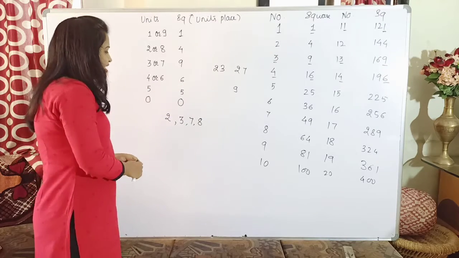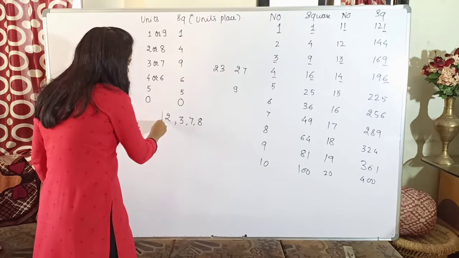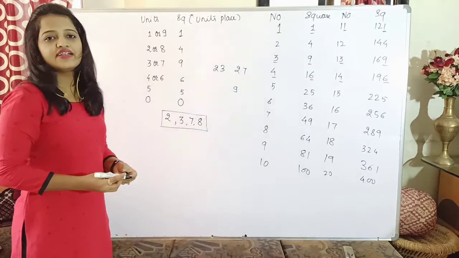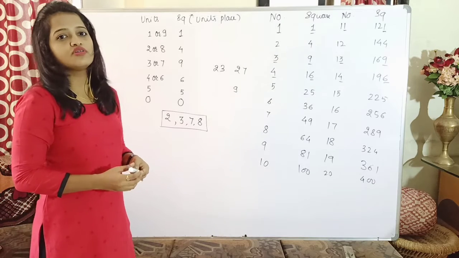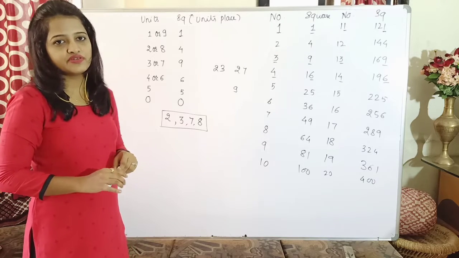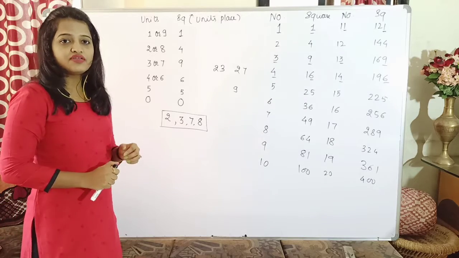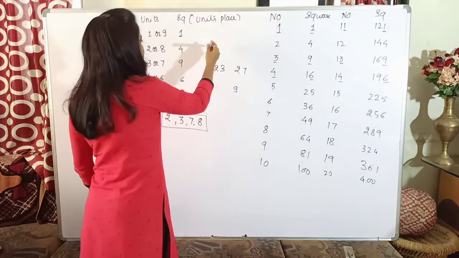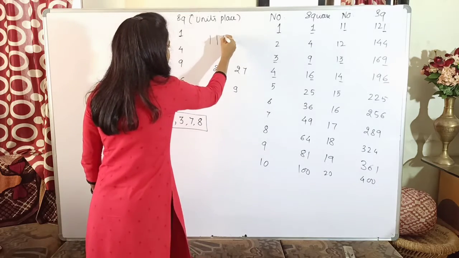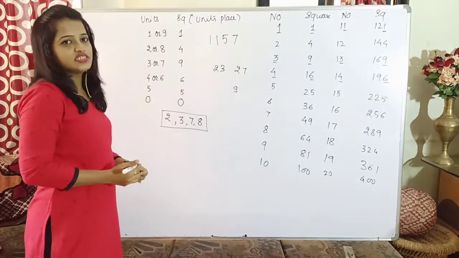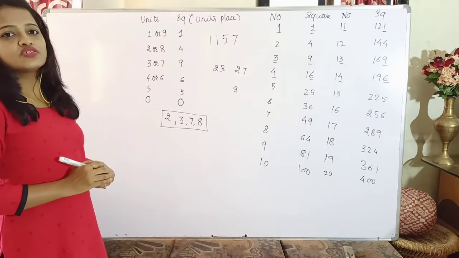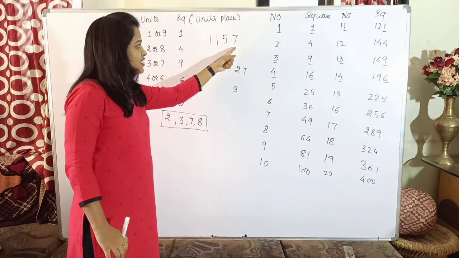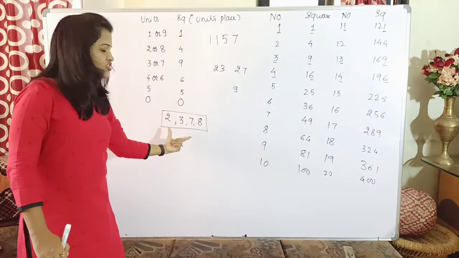It means that if in any number these digits are present in the unit place, that number will certainly not be a square of any number. If I say 1157, and my question is, is 1157 a square of any number? First I will check whether this unit digit is among these four digits.